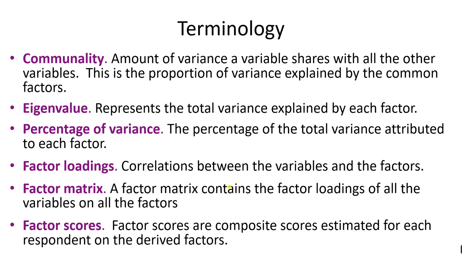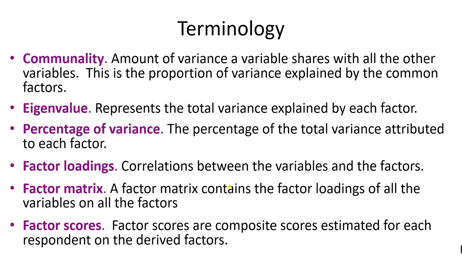And it is the sum of squared factor loadings of a given variable across all the factors. Eigenvalue, it represents the total variance explained by each factor. And how is it computed? It is the sum of squared factor loadings of a given factor across all the variables that we have factor analyzed.